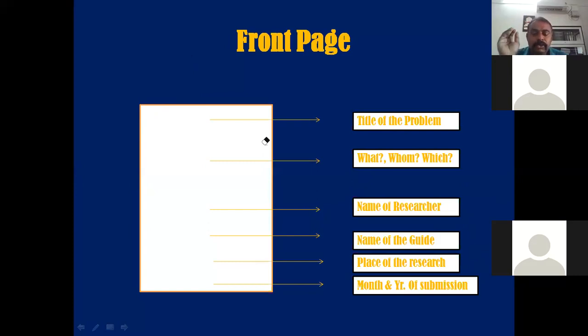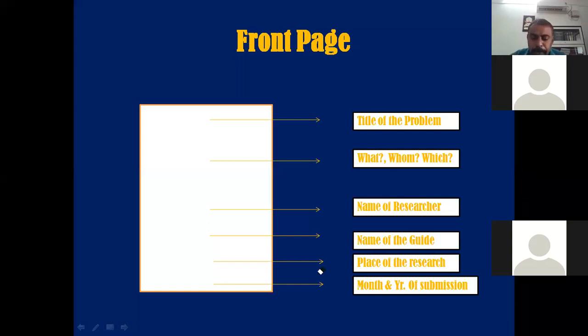Remember that. It was for older people, those who registered before 2020, but till date the appendices have not been given by the university. So you may follow this pattern of front page.